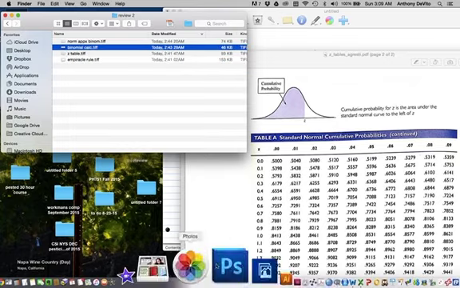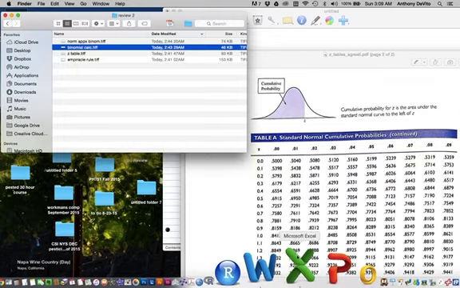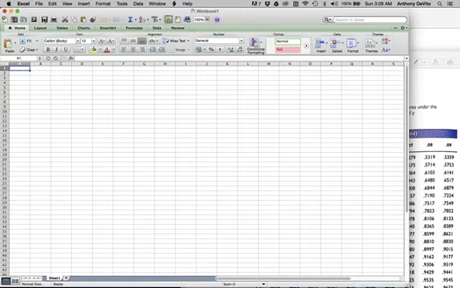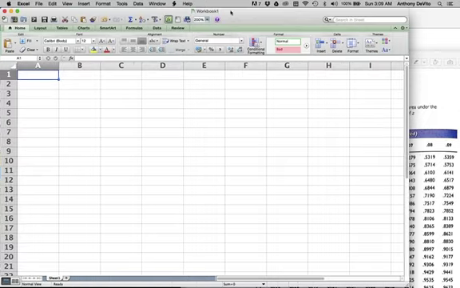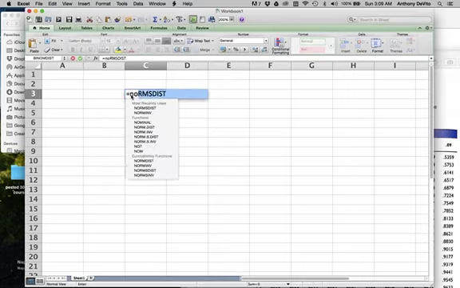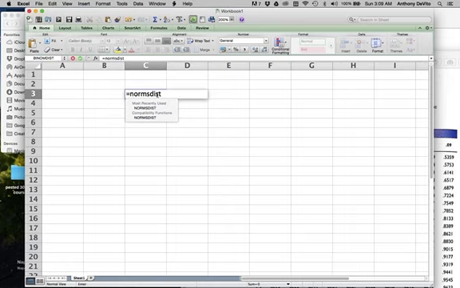Just before we go any further, I want to point out to you that I can use Excel instead of the Z table to give me a value for an area in that distribution. For instance, I can use a function called NORM.DIST. That stands for distribution.